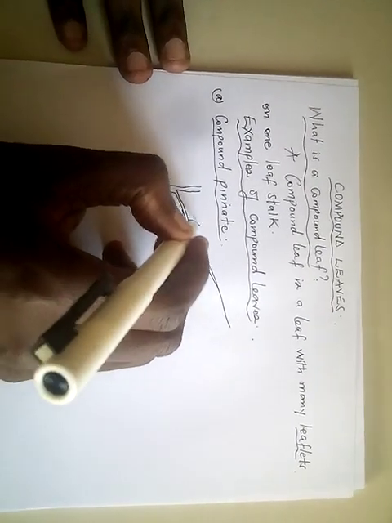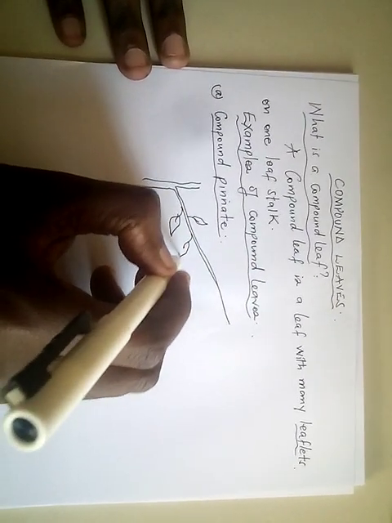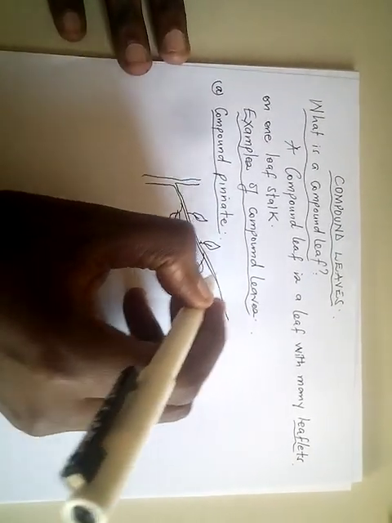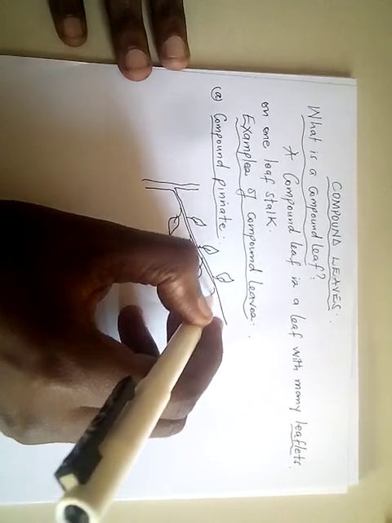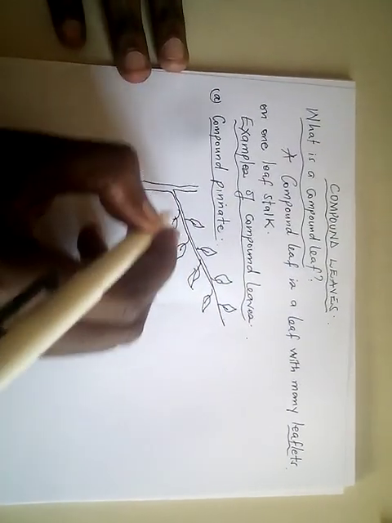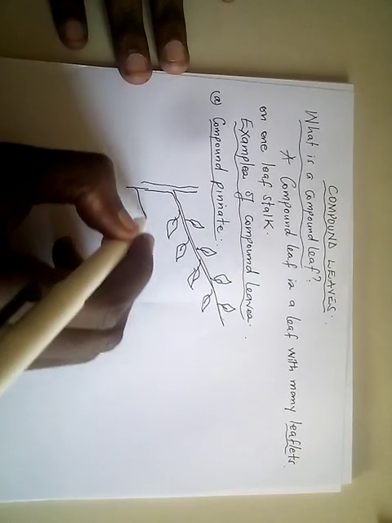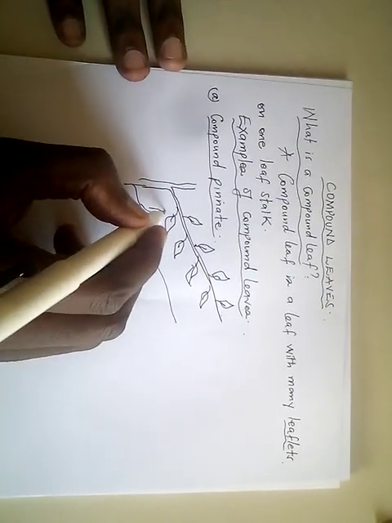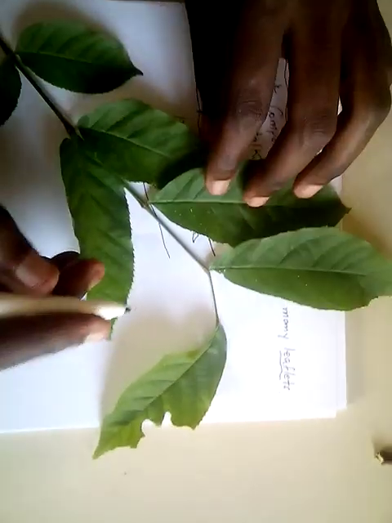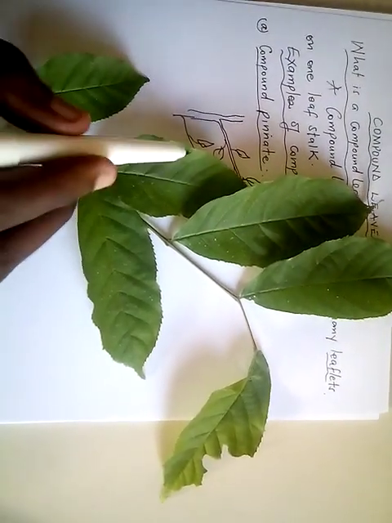It has many leaflets on either side, or on opposite sides. So this is what we call a compound pinnate leaf. That is how it looks. It has one leaf this side, another leaf that side.